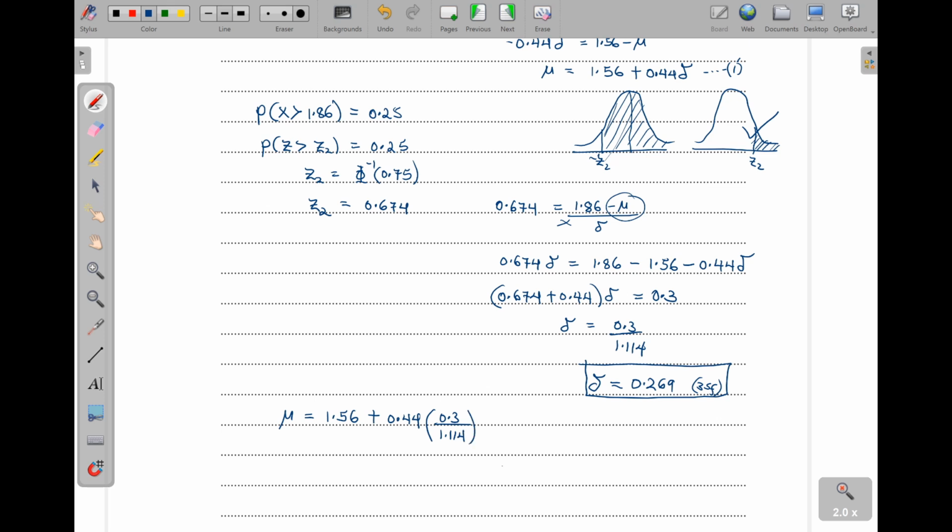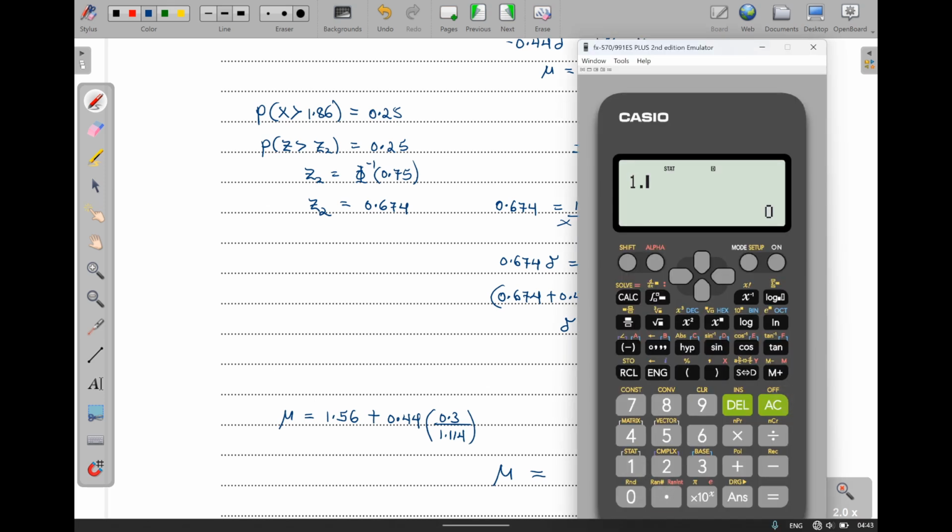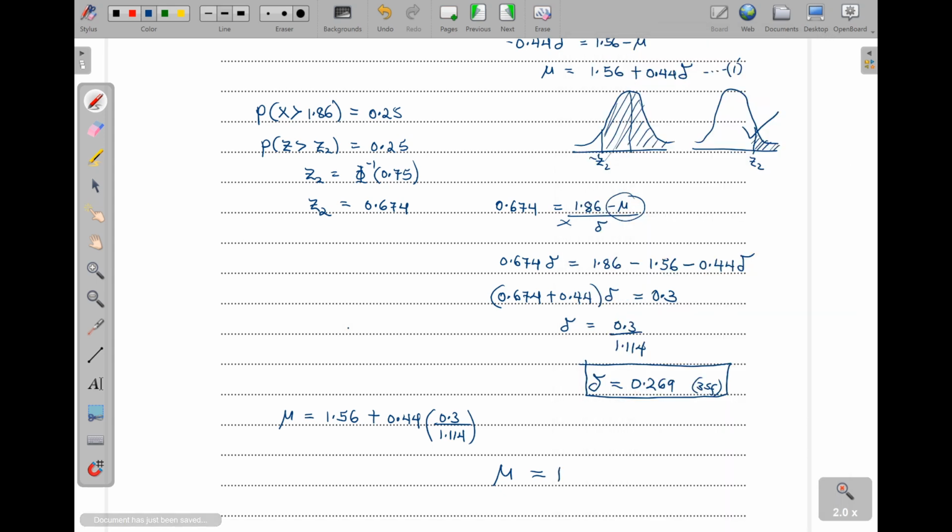So then what do we get as our mean to three significant figures? We can have 1.56 plus 0.44 into 0.3 out of 1.114. This one gives us 1.67, and the rest of those figures, but to three significant figures, I'll write 1.68. That is that to three significant figures.